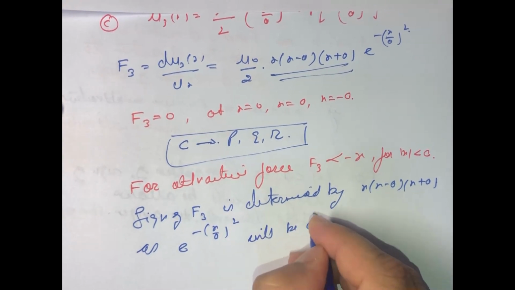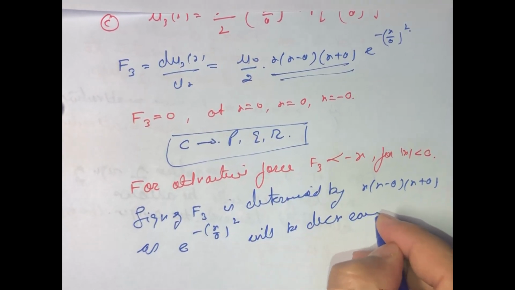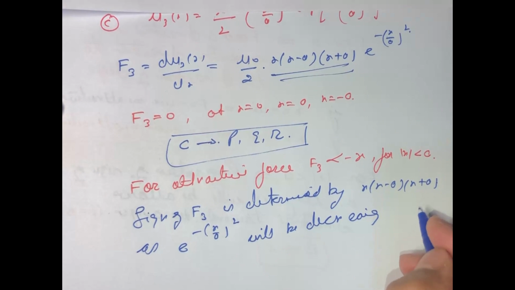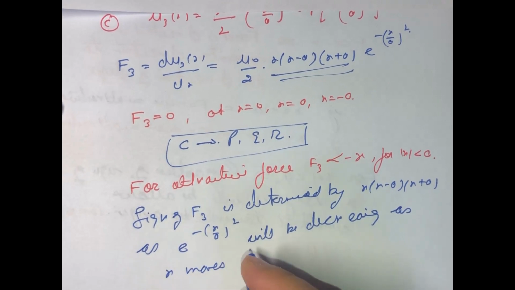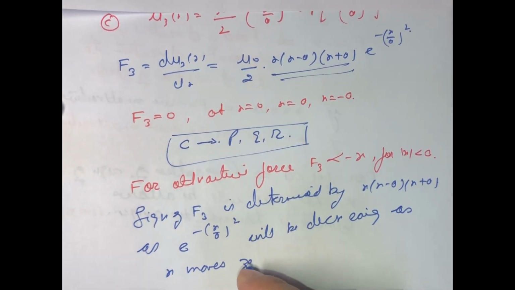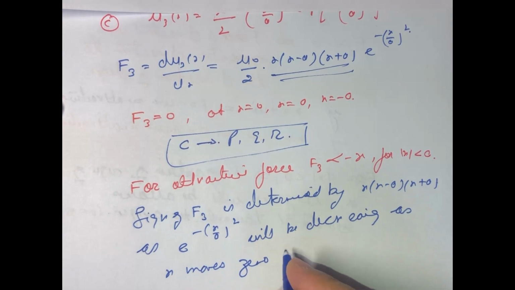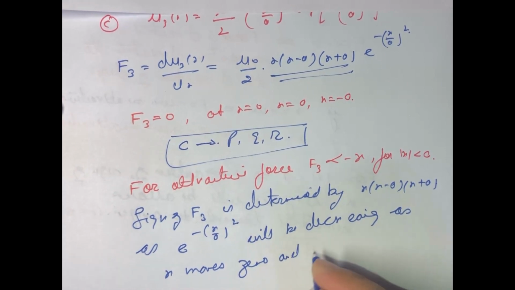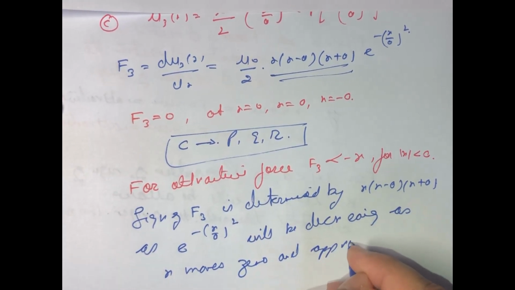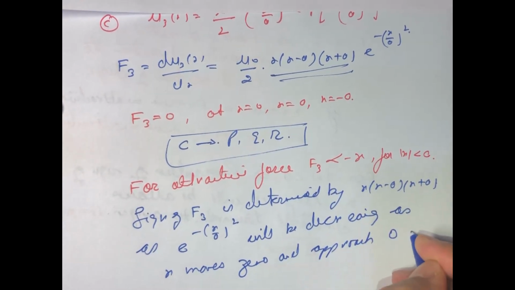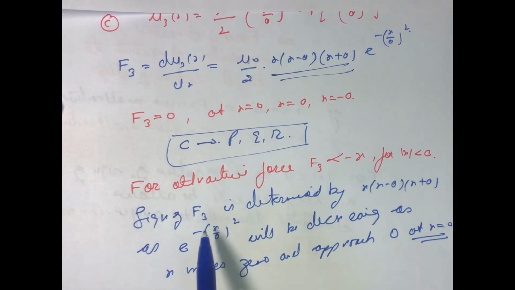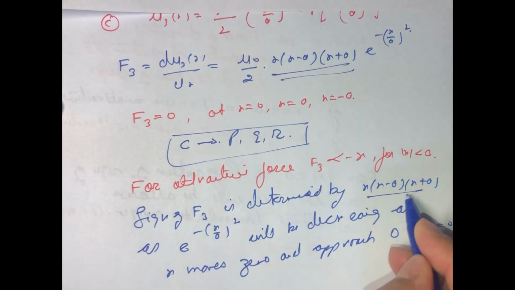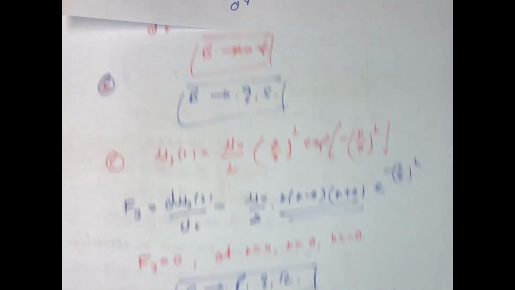will be decreasing as x moves toward 0 and approaches 0 at x equal to 0. So we are going to check the sign of F3 based on only these three.